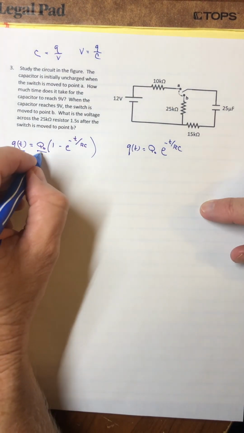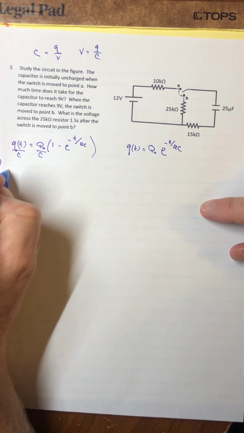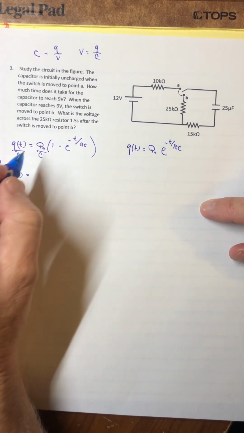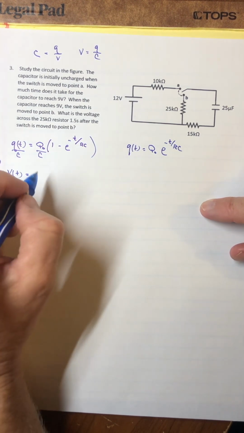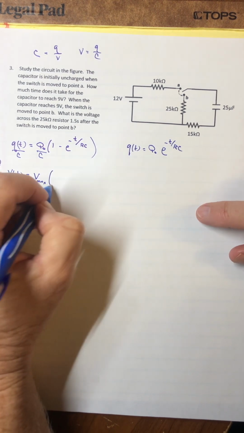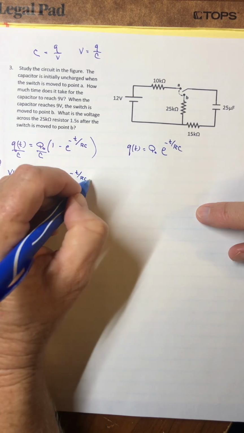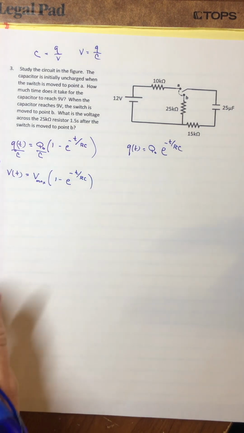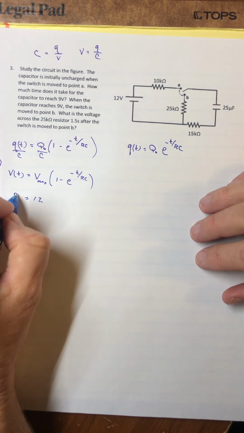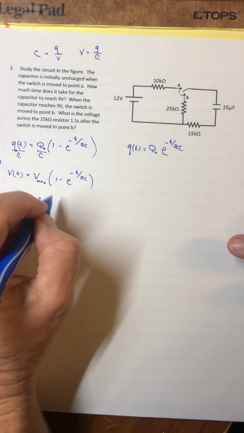Yeah, let's do that and divide. That way we can talk about the voltage as a function of time. And then this would be the maximum voltage if you just left it there indefinitely. And we know that if we left it there indefinitely, it would build up to 12 volts. So I can put 12, and I'm waiting for it to get to 9 volts.